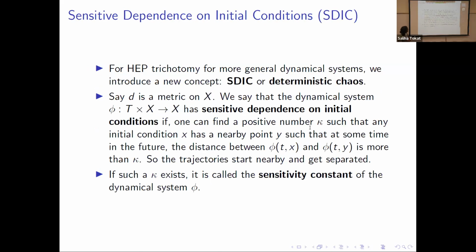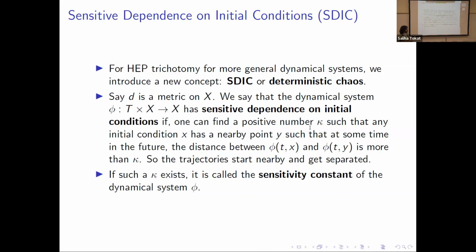Sensitive dependence on initial conditions. Again, I can state the three paradigms by using SDIC, sensitive dependence on initial conditions, or deterministic chaos. We have a metric space X, and d is a metric on X. We say that the dynamical system phi has sensitive dependence on initial conditions if one can find a positive number kappa, such that any initial condition x has a nearby point y, such that at some time in the future, the distance between phi_t(x) and phi_t(y) is more than kappa.